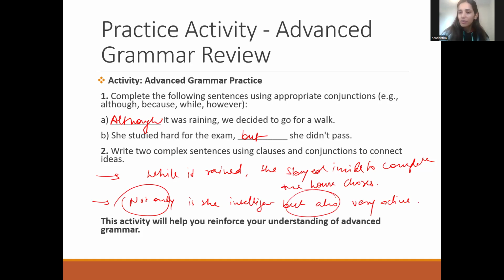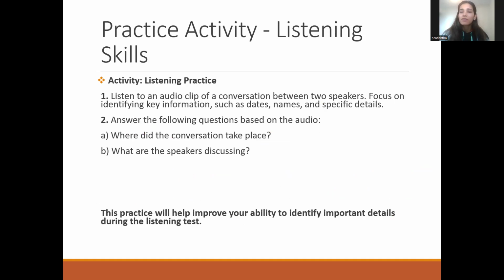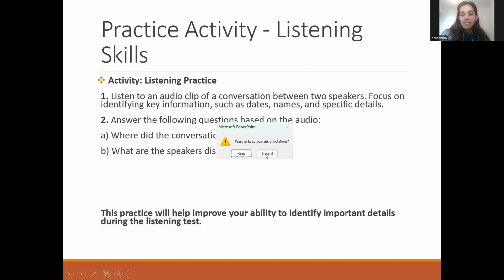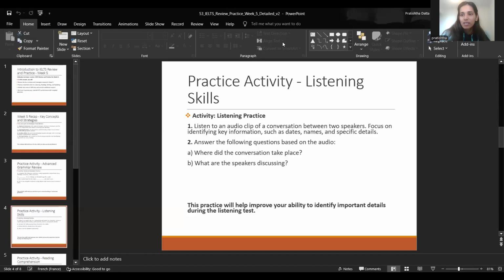And that is pretty much it about the grammar. Then we have some listening skills. For listening, let me open a test sheet, right? So we can revise from that. I'm going to stop sharing my screen for a minute. And we will go ahead and do a test paper. Again, we will not do a complete test.